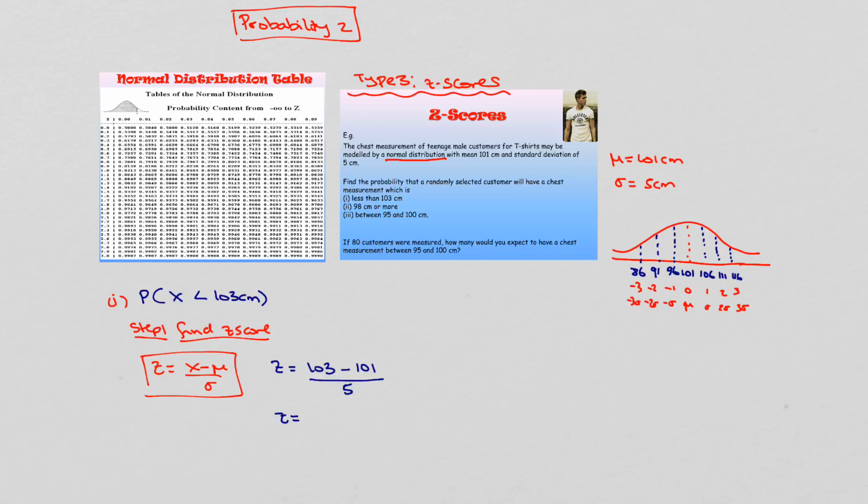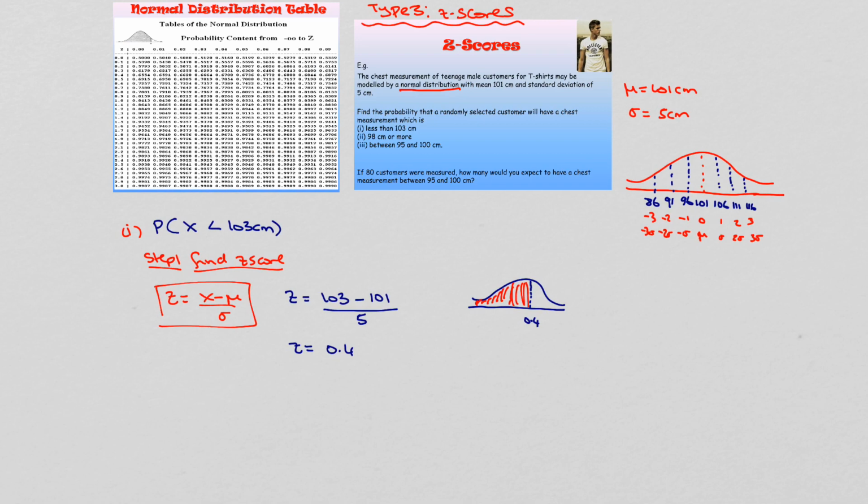That gives me a z-score of 0.4. If I sketch my graph, a z-score of 0.4 is just to the right of my mean, and I'm looking for less than that value. So the probability that x is less than 103 is the same as the probability that z is less than 0.4.